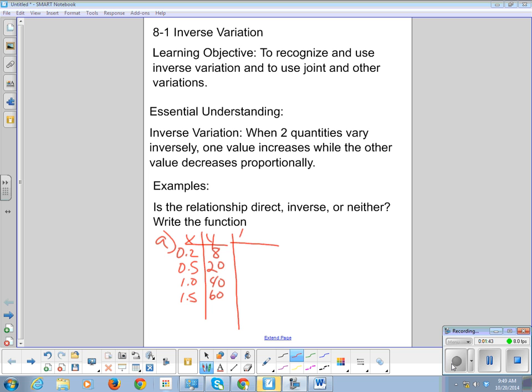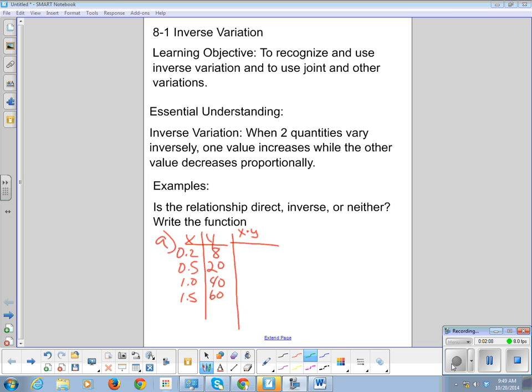If I multiply x times y and I get a constant each time, then it's an inverse variation. Before we do that, I want you guys to write this under inverse variation because it looks three different ways.